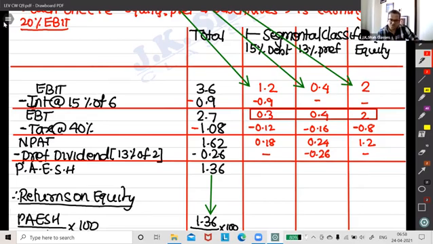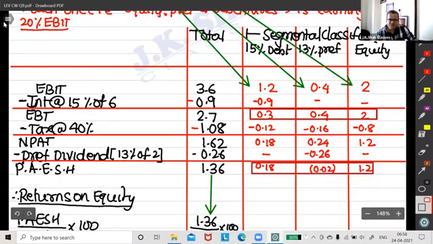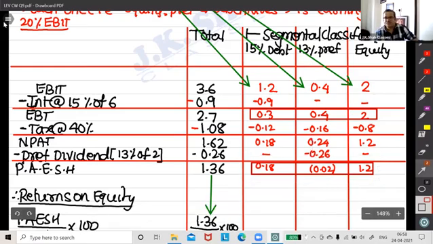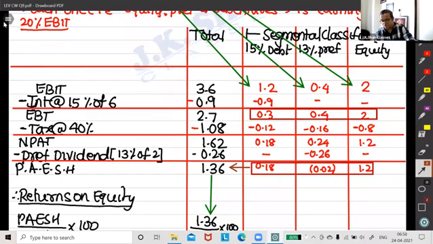Okay, fine. So this is 0.18. This is minus 0.02, and this is 1.2. At any point of time, guys, you can take a total of this to realize whether it matches there or not. So it's like 0.18 minus 0.02 plus 1.2, and it matches with the total over there, right? 1.36.